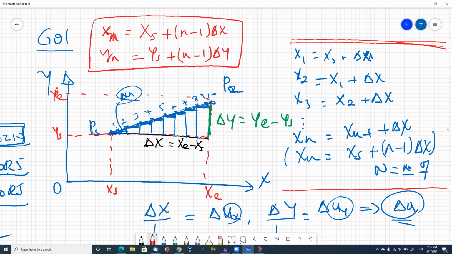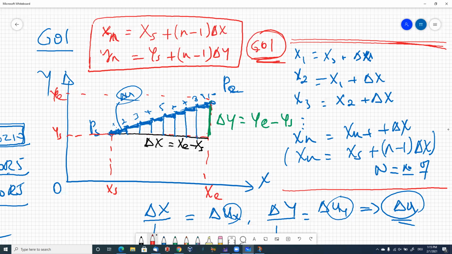This is the main equation for G01. So G01 uses this equation to compute the next point.